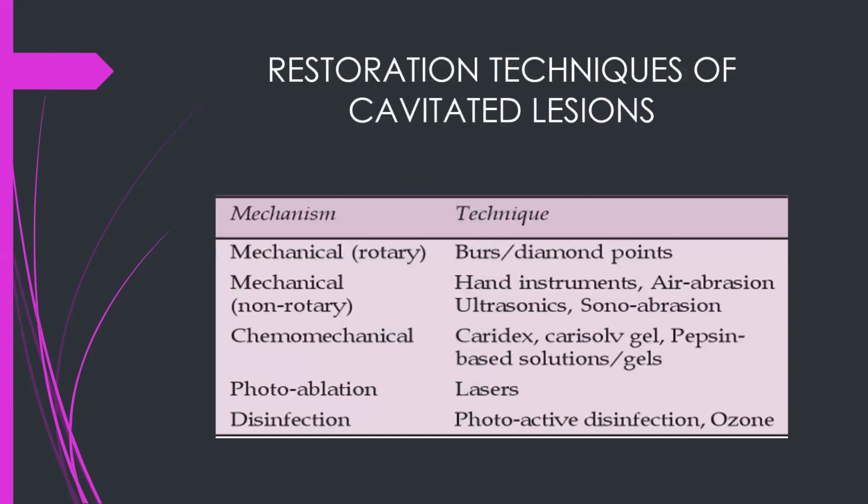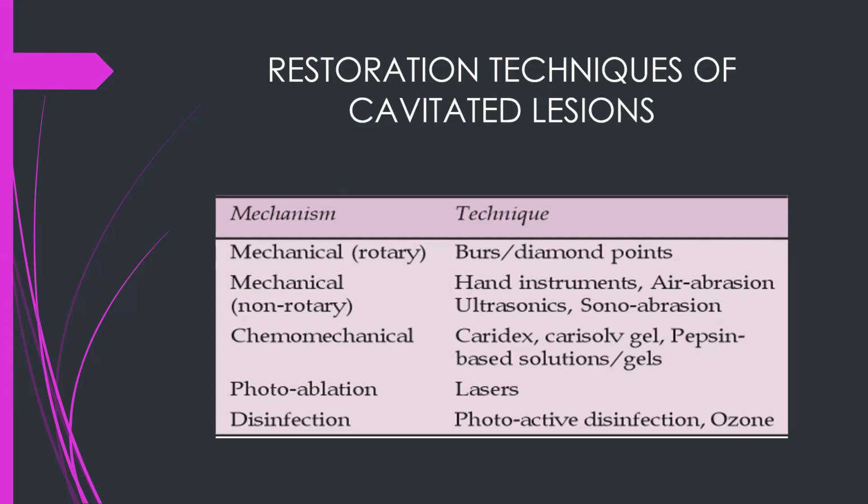So here if you see the restoration techniques for cavitated lesion, the mechanism of rotary, you can use small burs and diamond points. If you're using non-rotary methods, you have hand instrumentation, air abrasion, ultrasonics and sono abrasion.